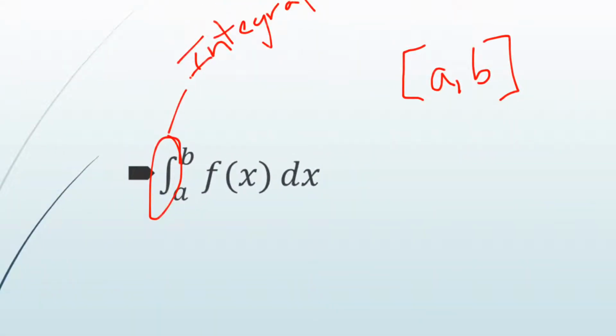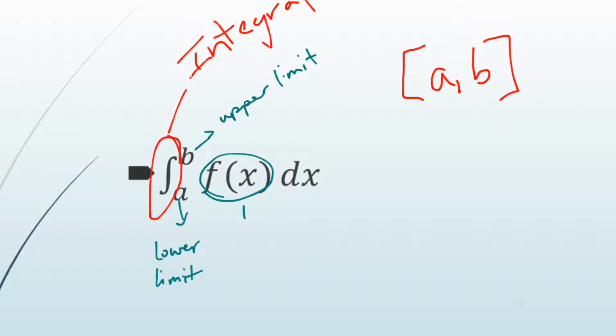Okay. B is my upper limit. A is my lower limit. F of x is what we call the integrand.